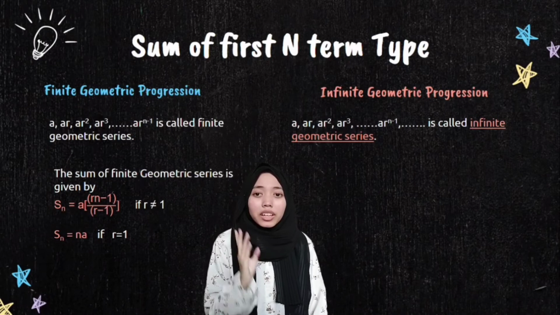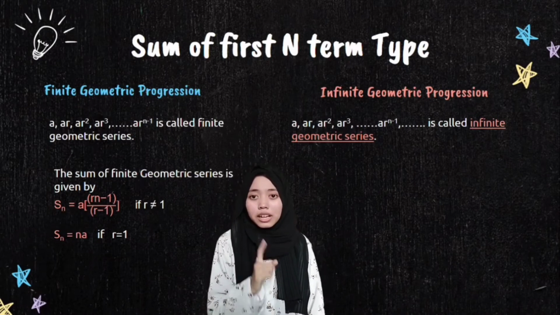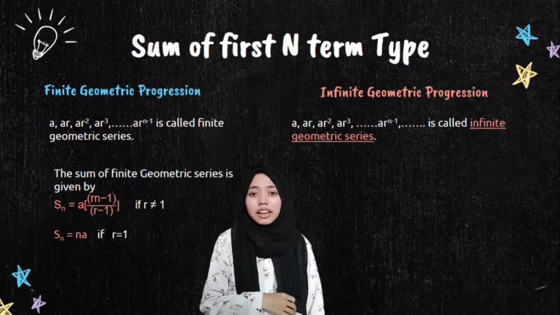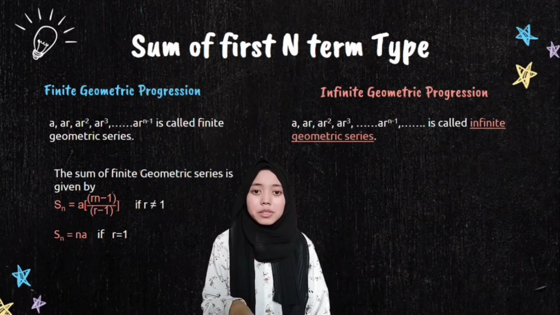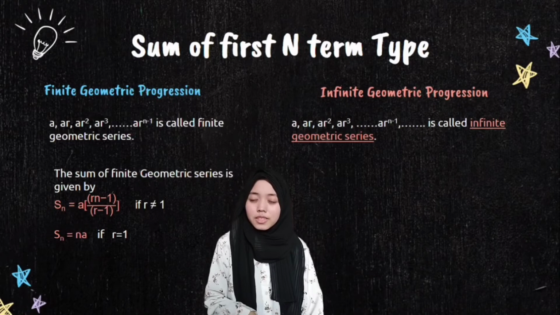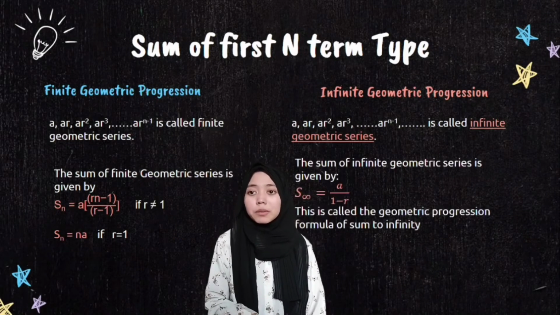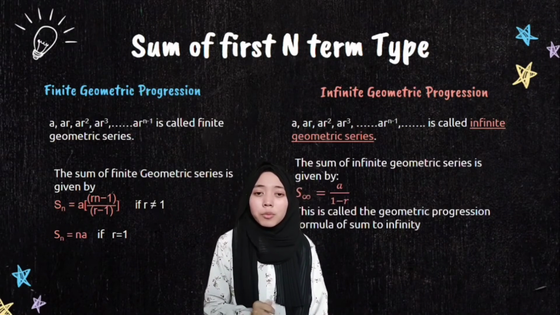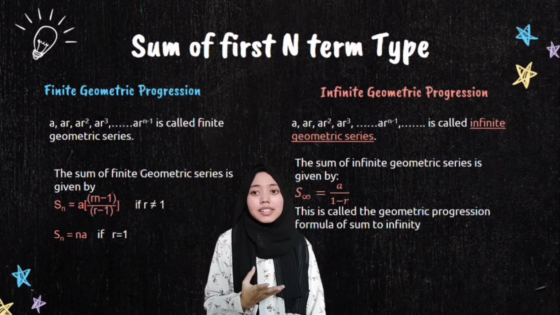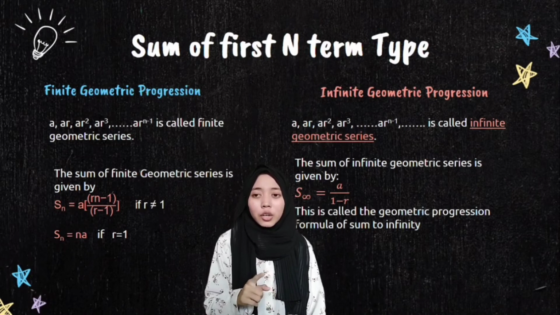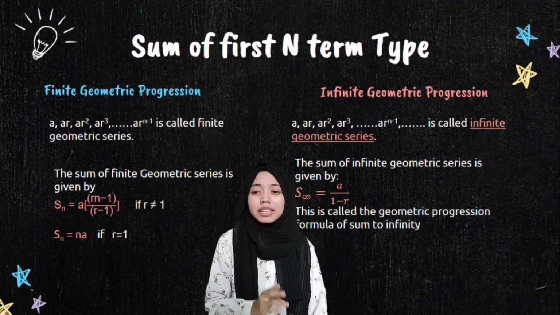But if r is 1, the Sn has a different formula. Sn is n times a. But for the infinite geometric progression, the formula is also different. The sum of an infinite geometric series is S equals a divided by 1 minus r.